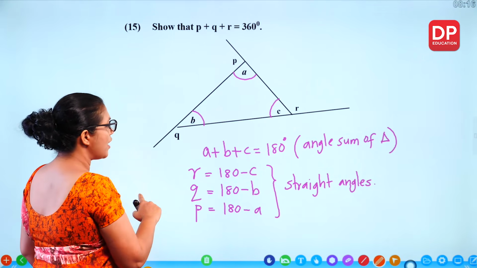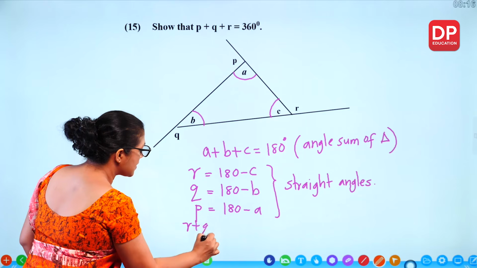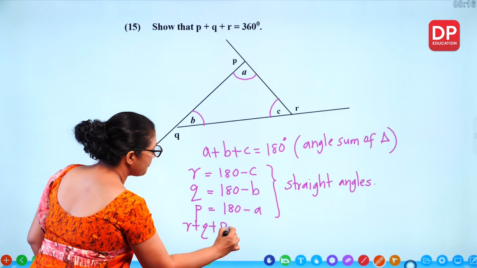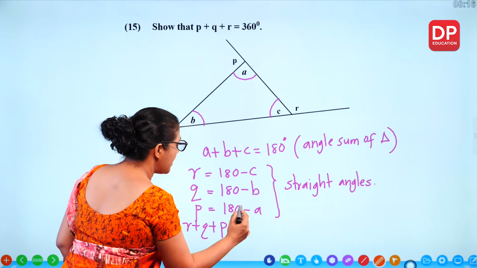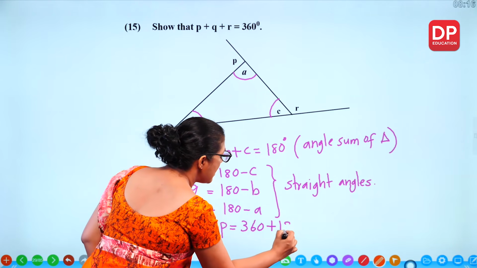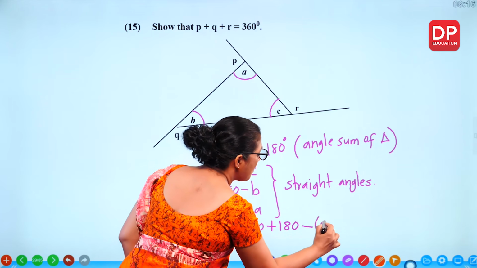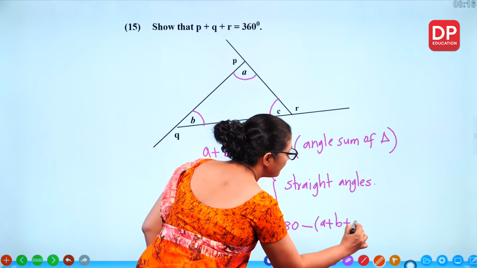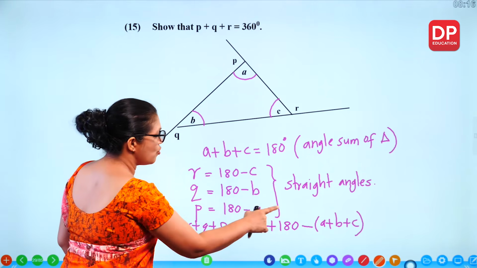Now we'll try to add all these three. R plus Q plus P. What you get? 180 plus 180, 360 and another 180 minus A plus B plus C. So here minus sign I took it out. So you get this one.